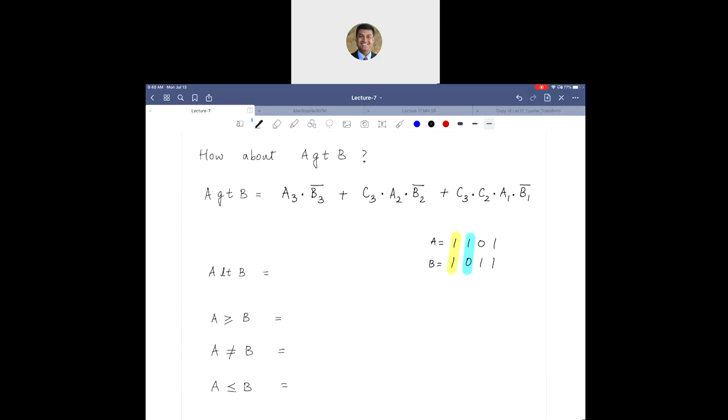And the last one, A3 equals B3, A2 equals B2, A1 equals B1, and A0 is 1 and B0 is 0. You guys agree with this? So that is essentially the complete expression for A greater than B.